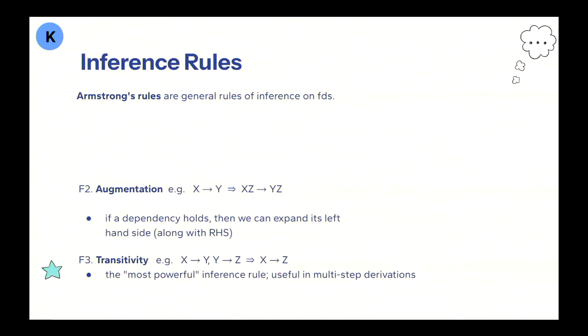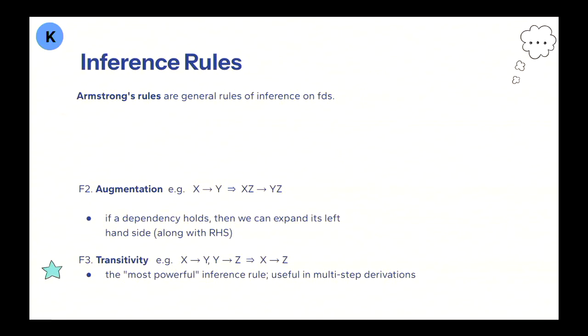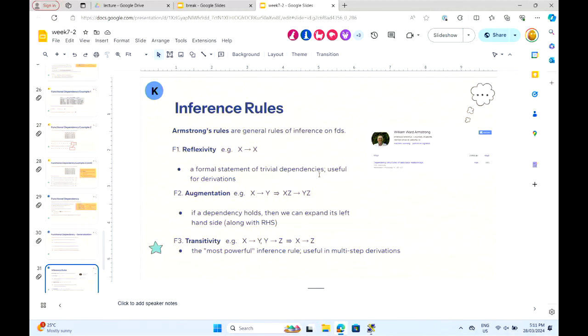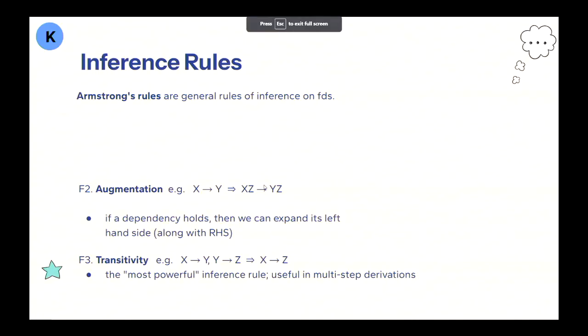Sorry, I messed up with the animation here. And actually I forgot to add animation for the second and third, but let's go through this quickly. So the first set of inference rules are called Armstrong's rules. I'm talking about Armstrong. Who are you thinking about?